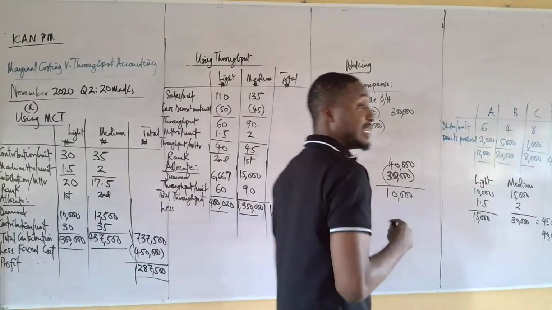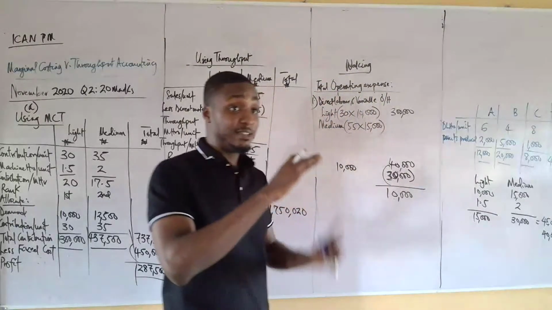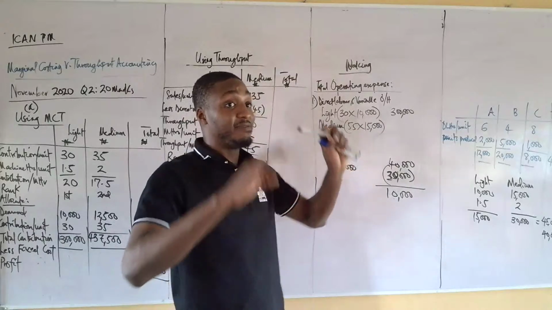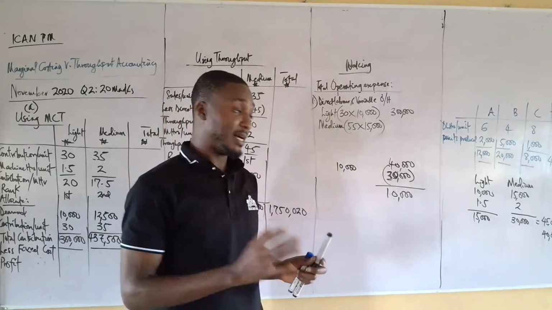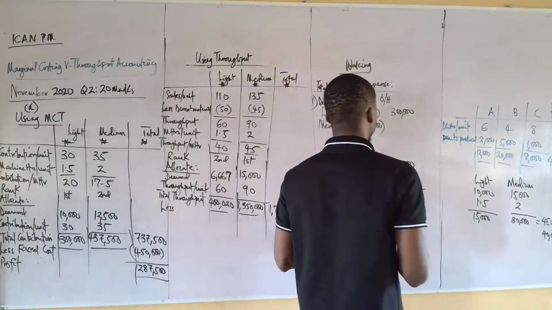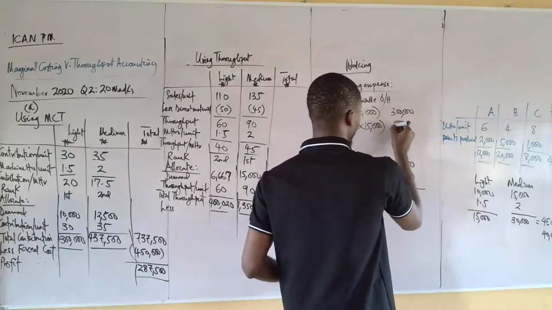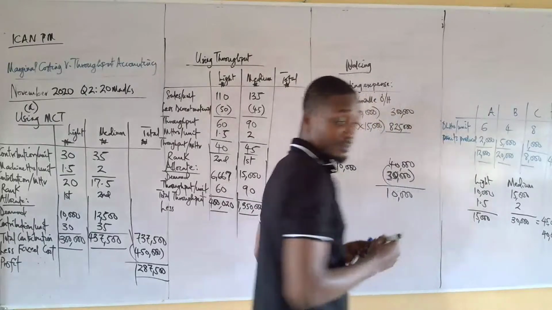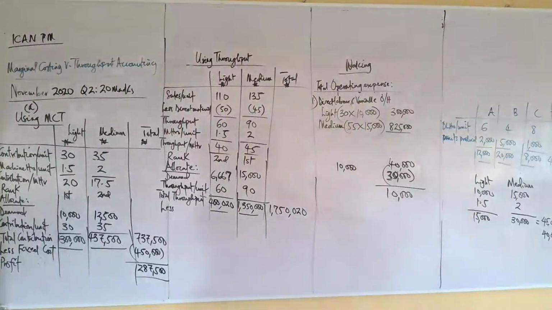It's not the allocated units we use to calculate it, it's the full demand. Because when they calculated this 30 and 55, they used the full demand. So 55 times 15,000, 825,000. When you add the two of them, 1,125,000.